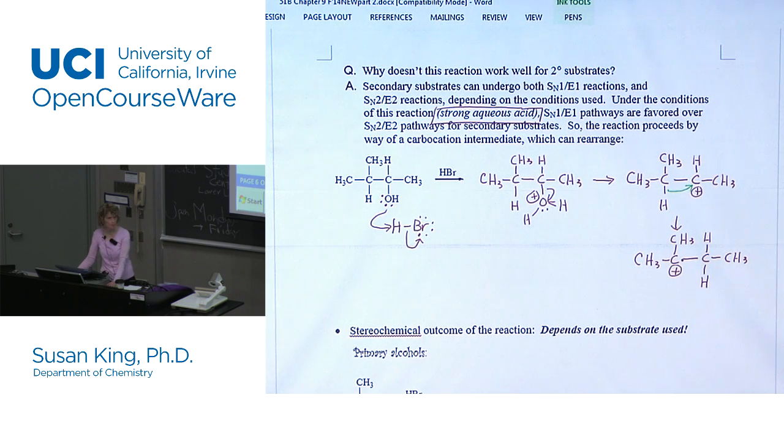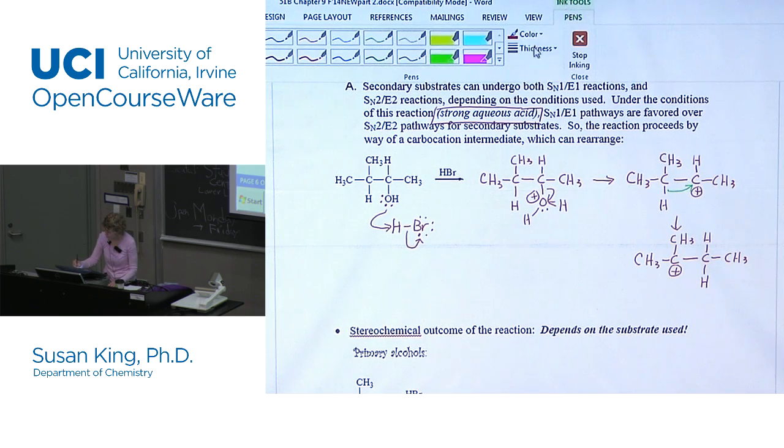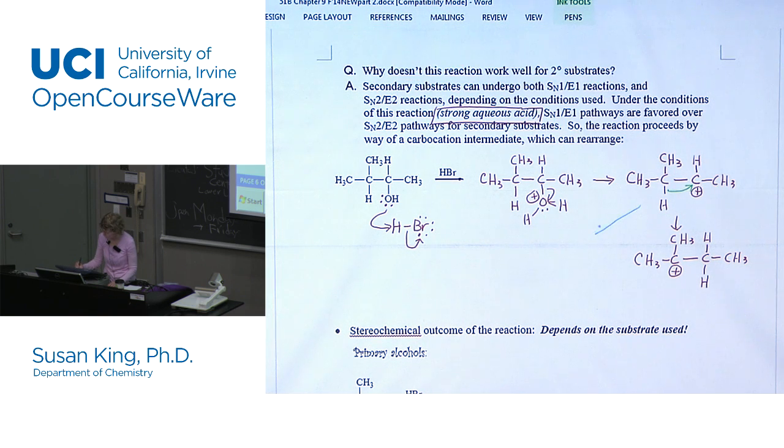So there's a tertiary carbocation. So either one of those, we can get products from both of those. Let's draw both of them. If the bromide attacks before that rearrangement happens, we can get this product.